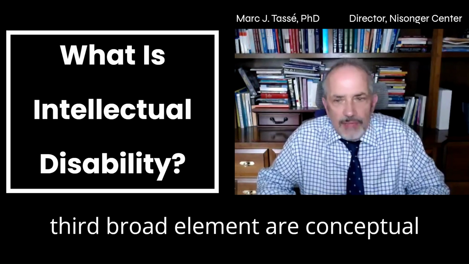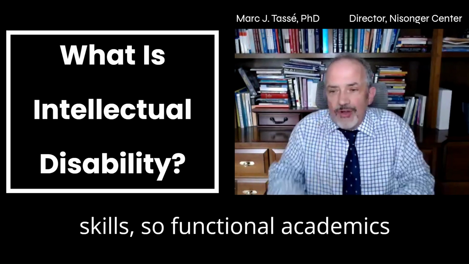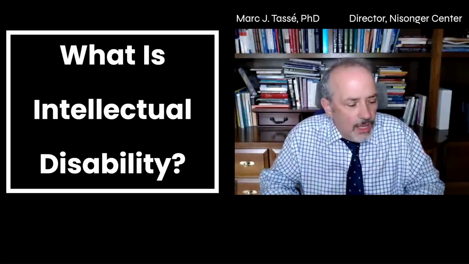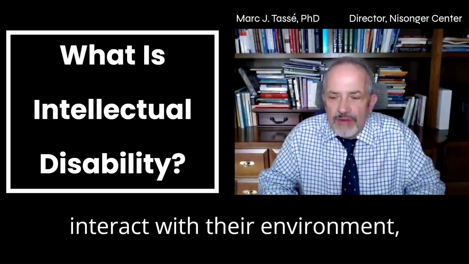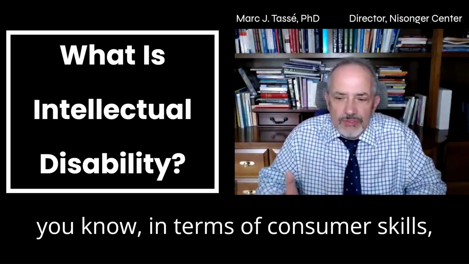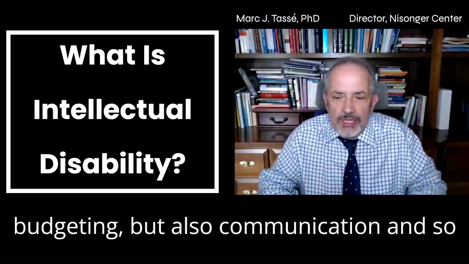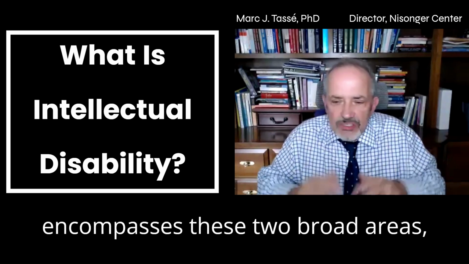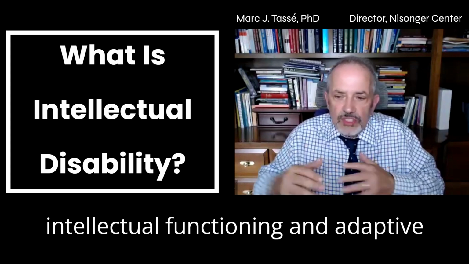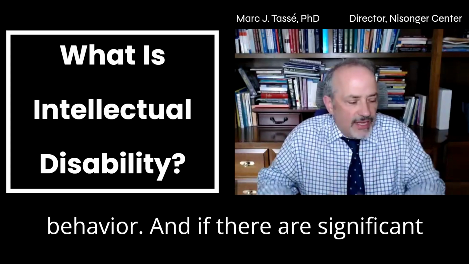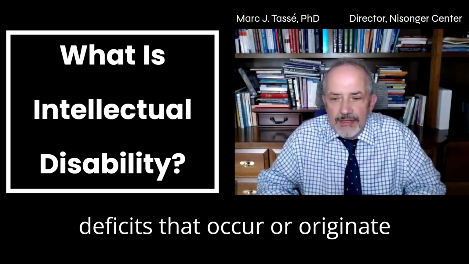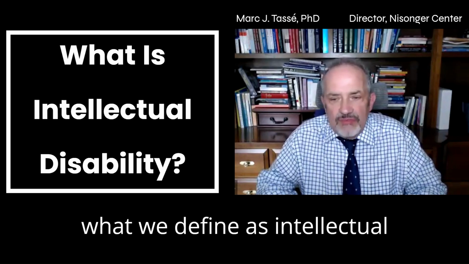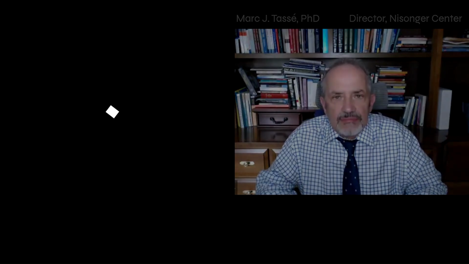And then the third broad element are conceptual skills. So functional academics, using one's knowledge to interact with their environment, in terms of consumer skills, budgeting, but also communication and so forth. So intellectual disability encompasses these two broad areas, intellectual functioning and adaptive behavior. And if there are significant deficits that originate during the developmental period, that's what we define as intellectual disability.